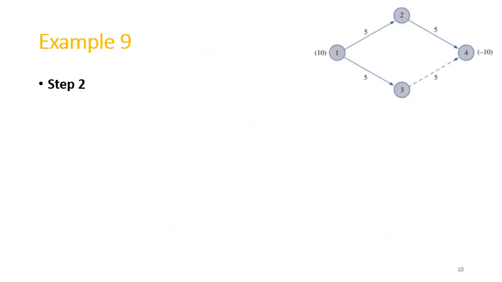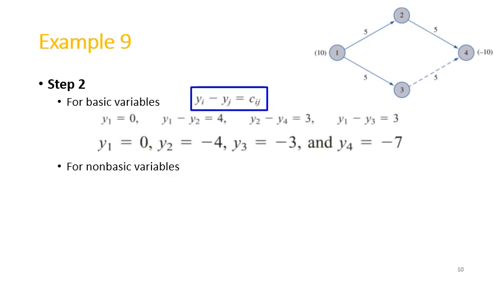In step 2, we're going to compute the y's for the basic variables and then use those y's to compute the c hat for each of the non-basic variables. For the basic variables, we're going to use this formula here. Remember that you get the indices of yi and yj based on the basic variables in this solution.